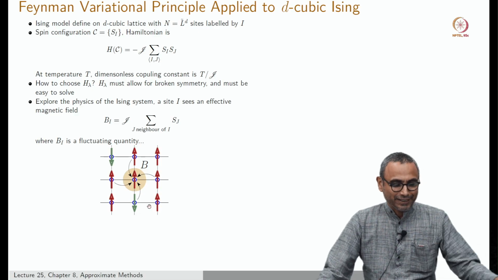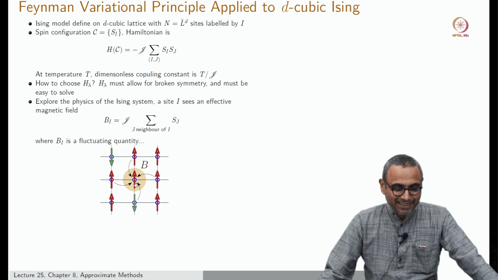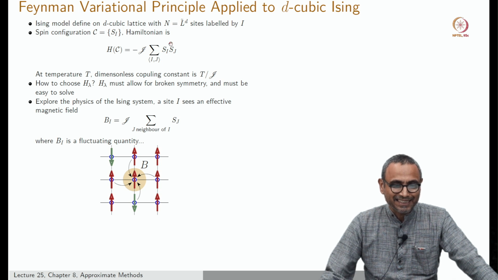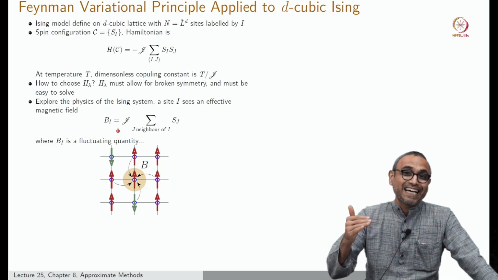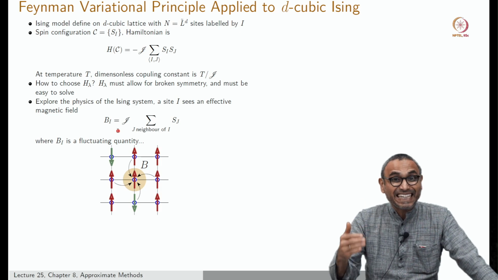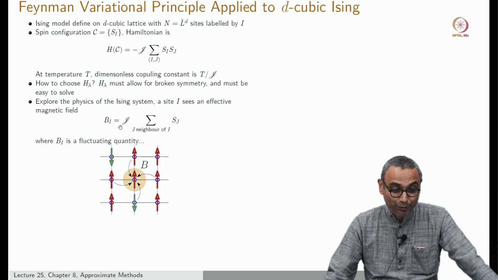If you think about this, you will realize that the spin at site i is seeing some kind of effective magnetic field. Just take S_i out here, and that will be the sum over all j which are the neighbors of i, S_j, multiplied by the exchange constant. That term looks like a magnetic field, which I am going to call B_i.